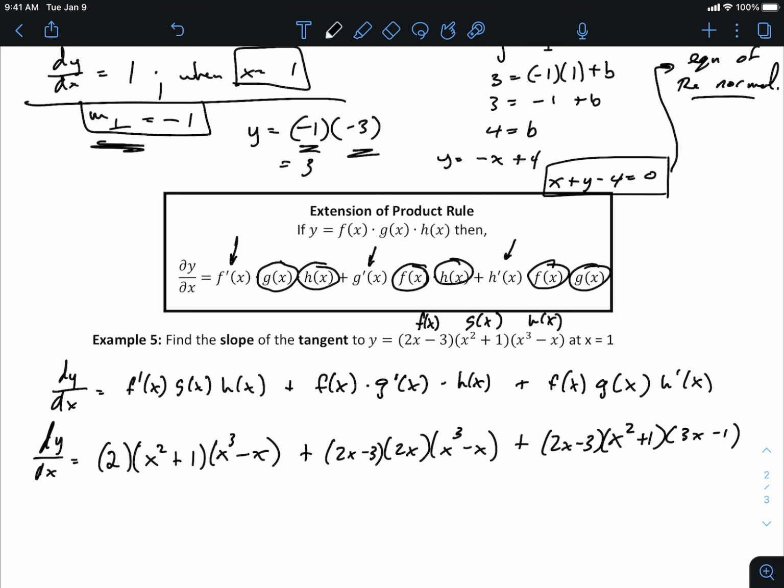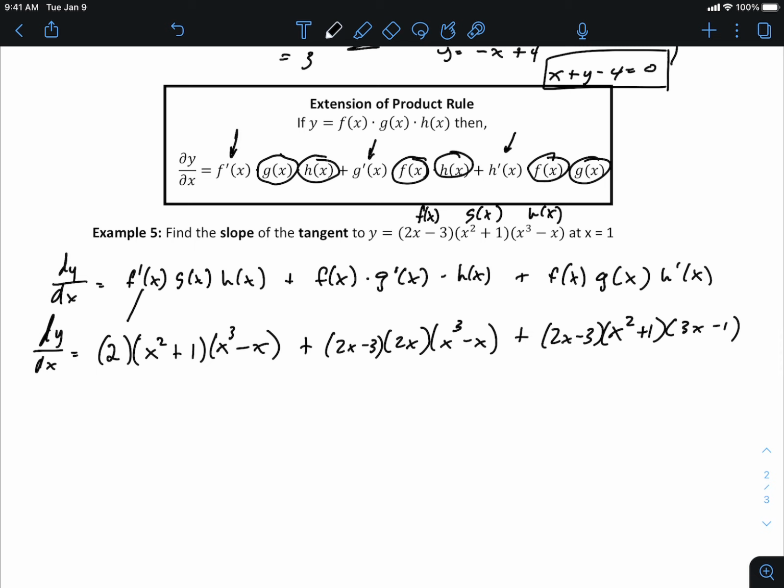Okay, I like this from the standpoint that it's very clear. And if I'm interested in x equals 1, then just plug in x equals 1 everywhere, right? And you can find out what the actual slope is.